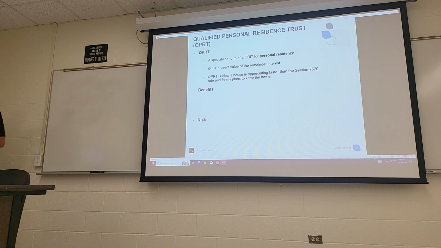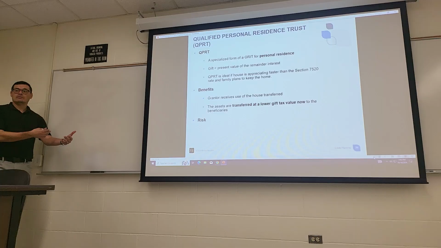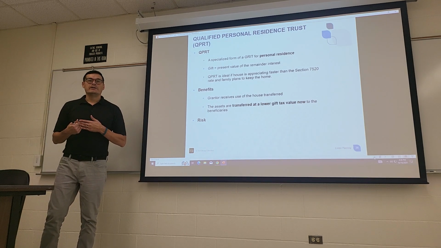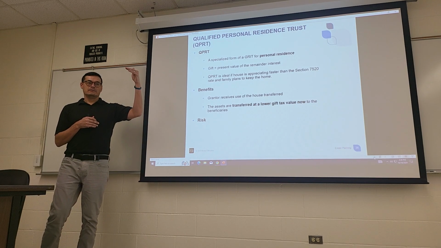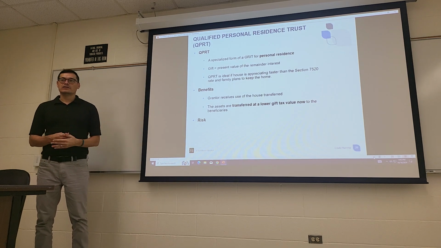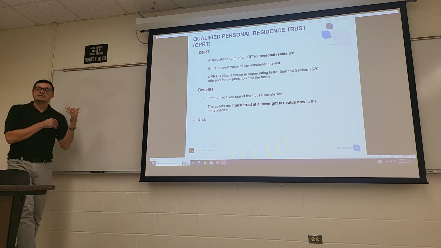And typically, the benefit is the grantor still gets to use the house. So now I'm taking my house out of my gross estate. I'm receiving some kind of income for it. Just like we had the $1 million in the last example, I'm only paying taxes on $300,000. There's going to be some kind of transfer for value there. And at which point I still get to use the house.